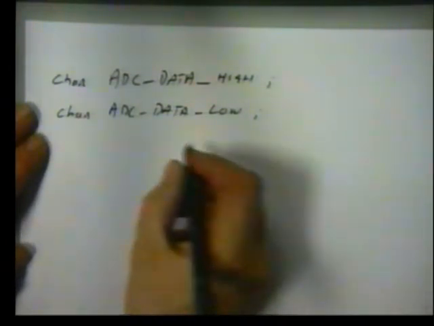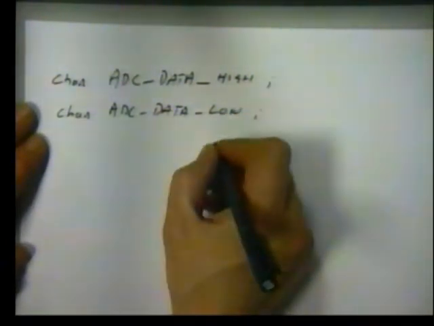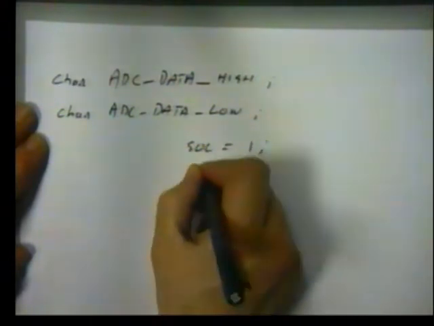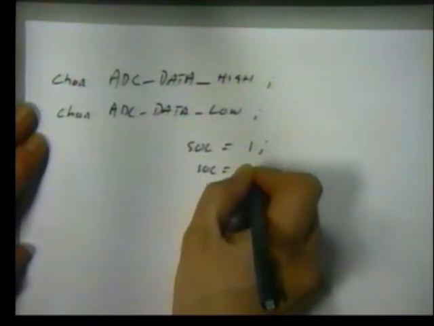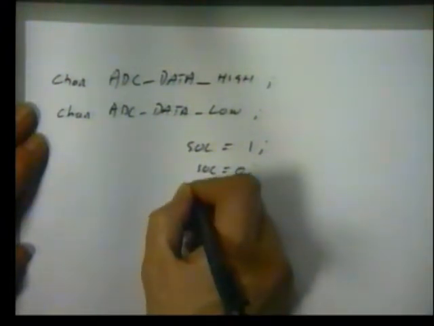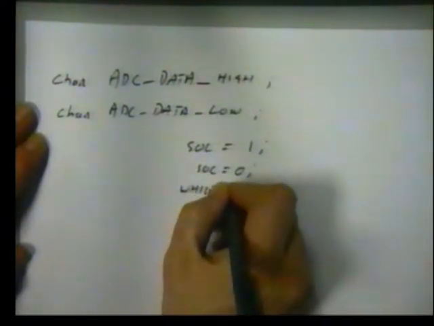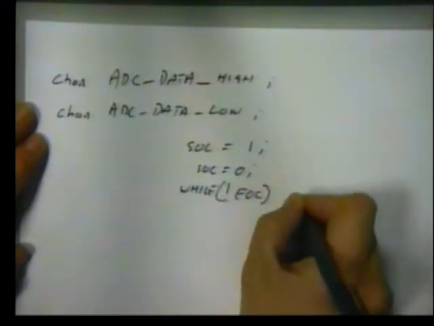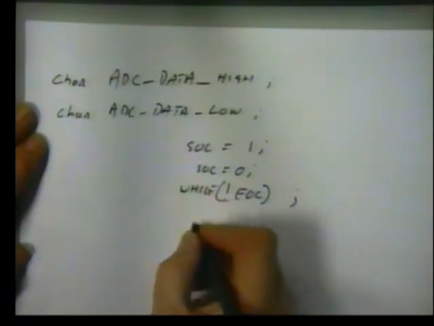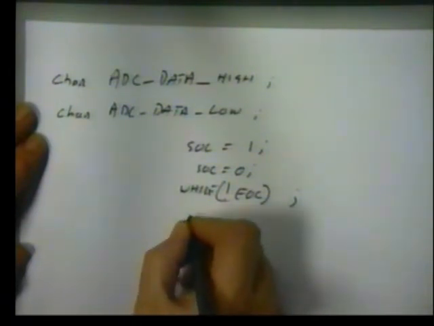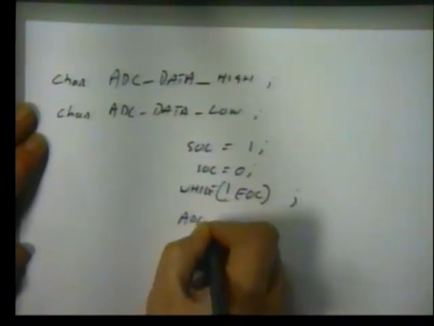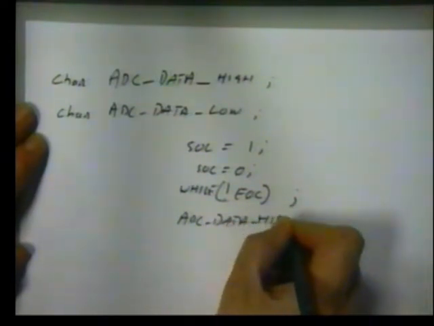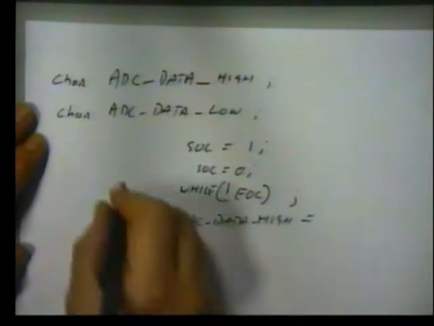Now this is dead easy if you're going to poll. All we do is say start of conversion equals 1, start of conversion equals 0, so that's easy enough, while not end of conversion, so we just sit there wasting time, and then finally we can say, right, ADC data high equals whatever the address is.